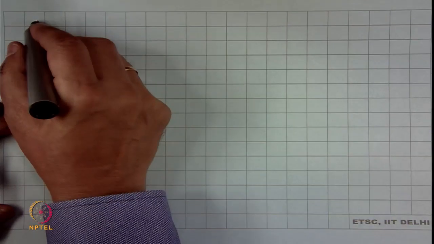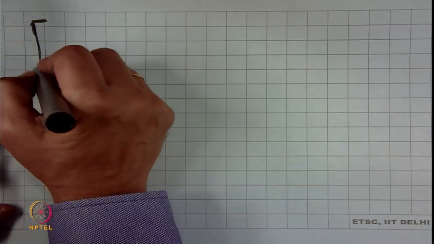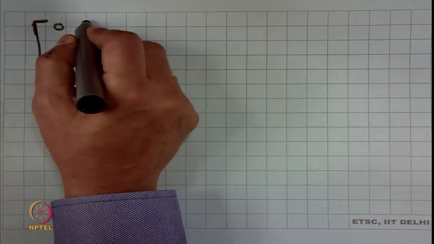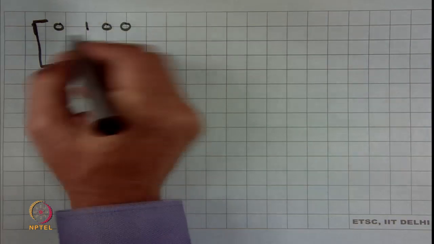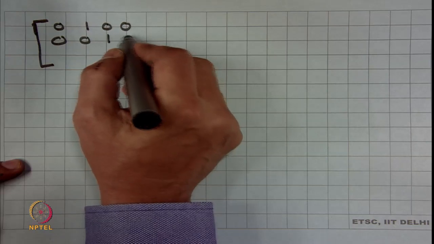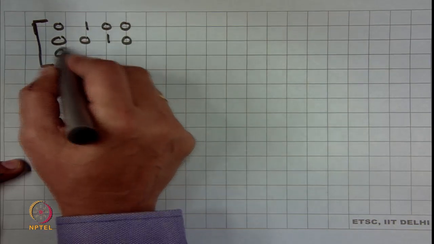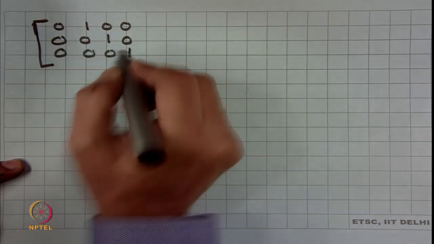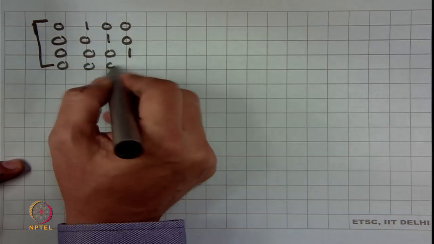So, what we do? R is equal to 0, 1, 0, 0; 0, 0, 1, 0; 0, 0, 0, 1 and 0, 0, 0, 0.